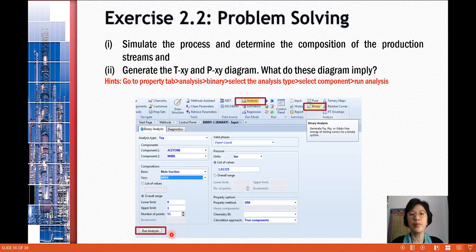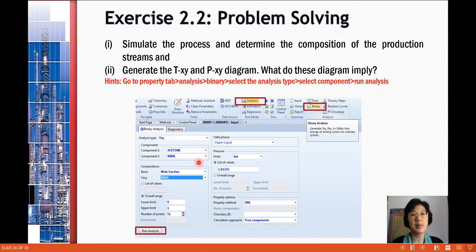Here we would like to have the binary analysis, the TXY diagram. Just choose a TXY diagram between acetone and MIBK, because we would like to know, after the process of flash separation, how are we going to separate the acetone from MIBK?